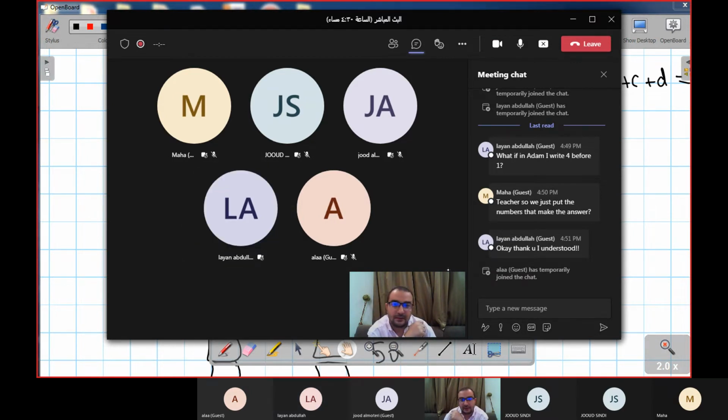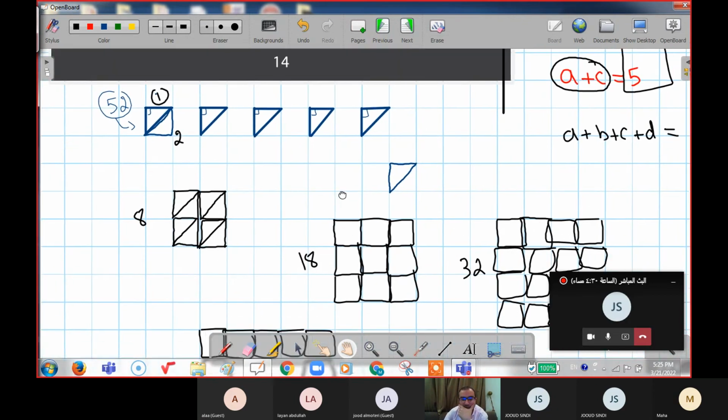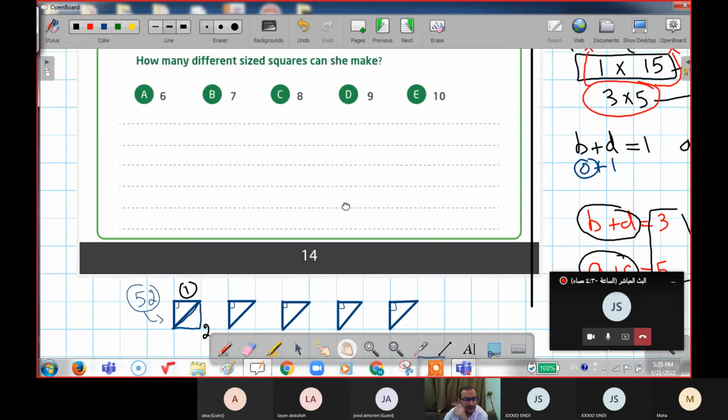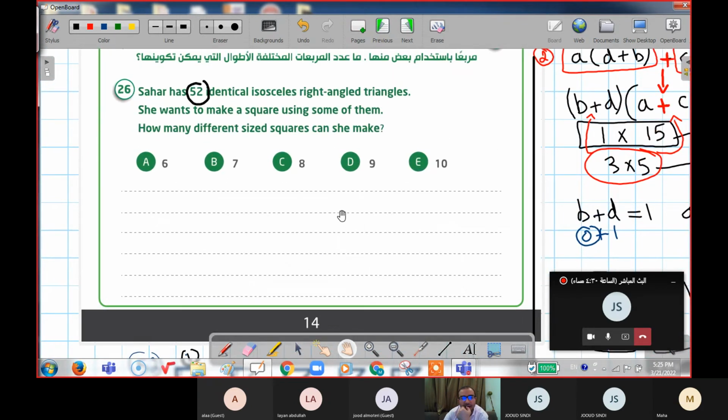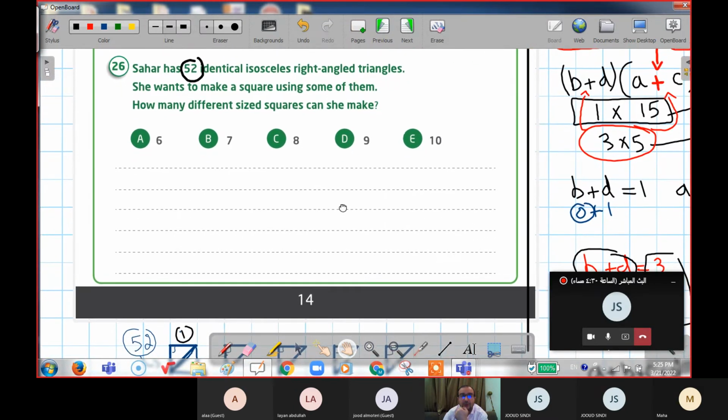Not in the steps, in the same question. So when he makes a square, he can return the pieces and use them again for another square, right? Or he can only use every single triangle once.